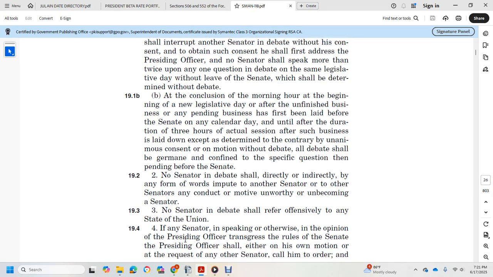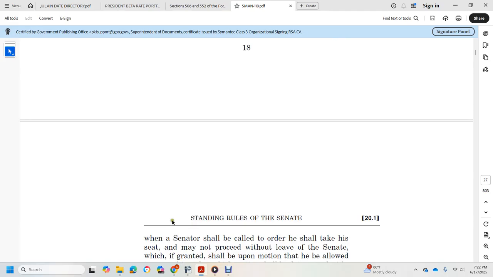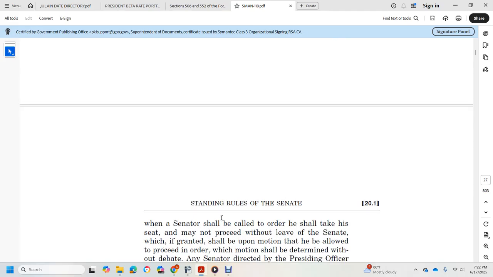If any senator speaks otherwise, or in the opinion of the presiding officer transgresses the rules of the Senate, the presiding officer shall, either on his own motion or at the request of any other senator, call him to order. When a senator shall be called to order, he shall take his seat and may not proceed without leave of the Senate, which, if granted, shall be upon motion to allow him to proceed in order, which motion shall be determined without debate.